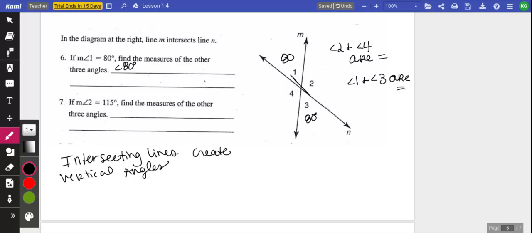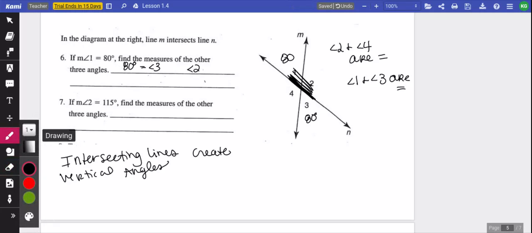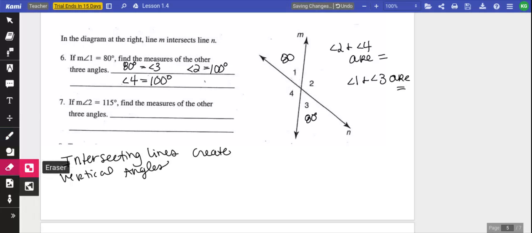And now 1 and 2 right here make a straight line. So angle 2 would have to be 100. And then since that's the case, angle 4 would also have to be 100 because they're vertical angles.